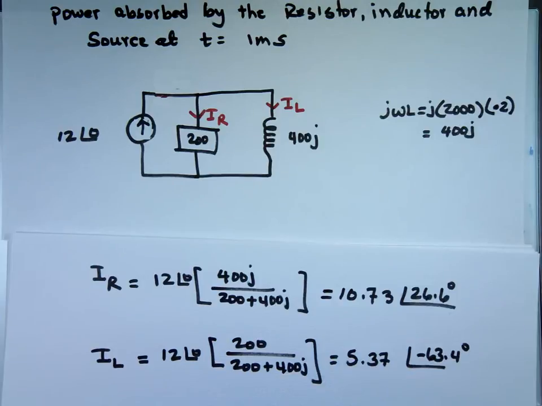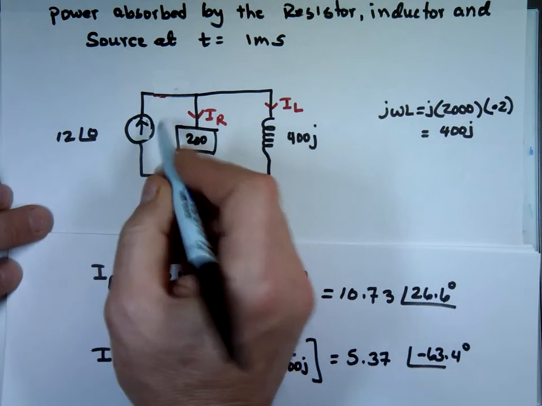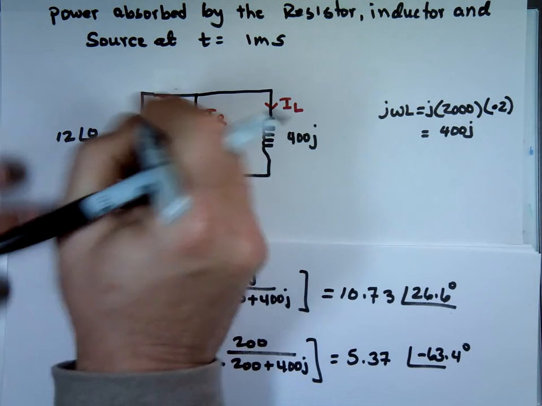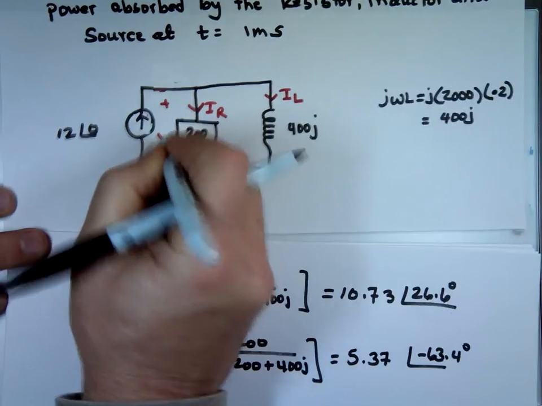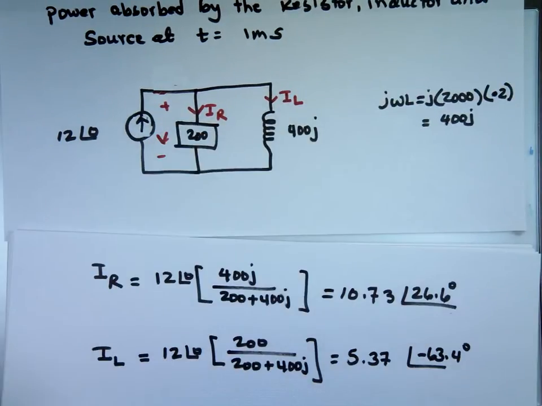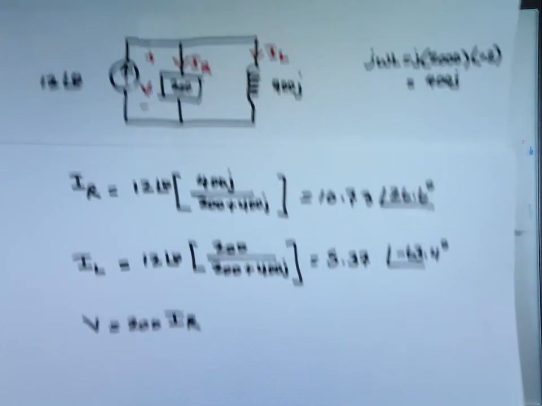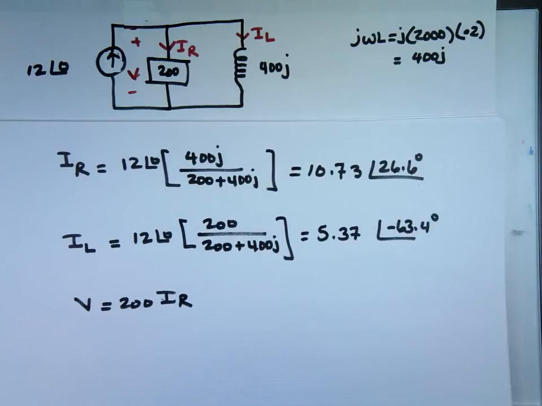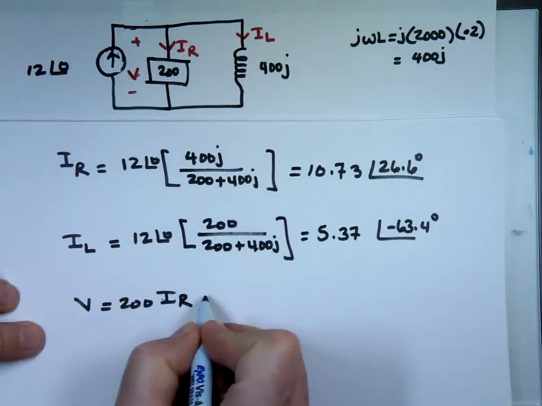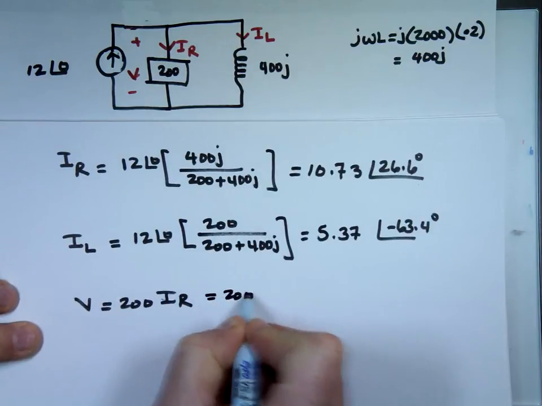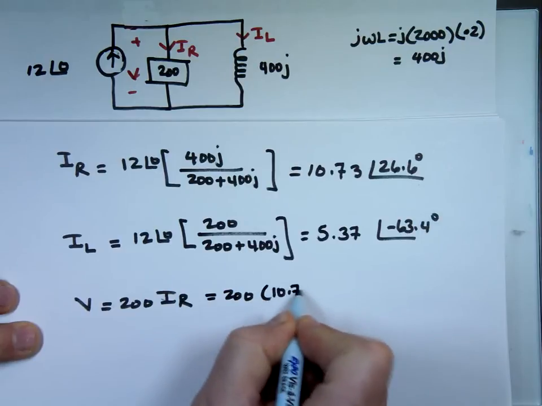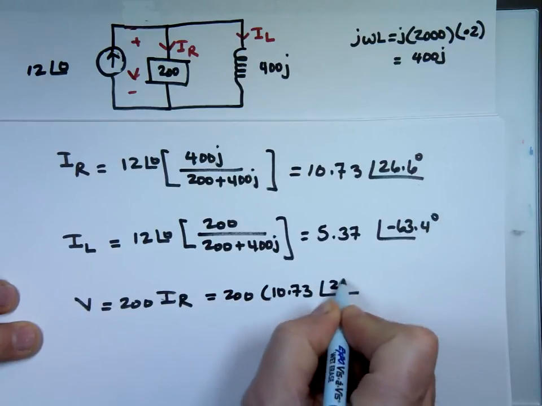Now, if I know actually either current, I can find the voltage across. Let's call this V. Then parallel. So I can find V, which is 200 times I sub R. 200 I sub R is 10.73 angle 26.6.